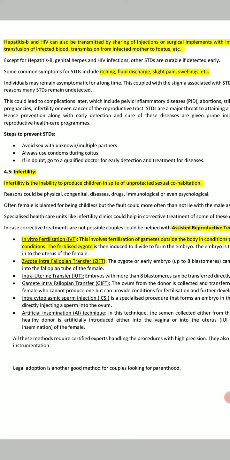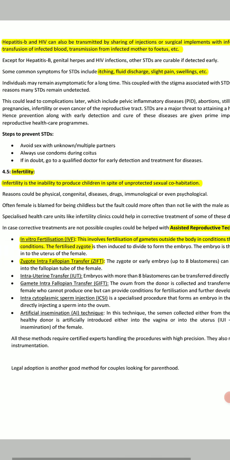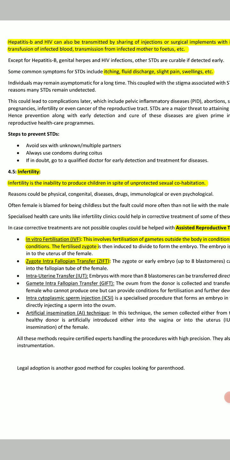A question may come: write down the full form, write down the meaning of ZIFT. So you have to elaborate this term: the zygote intrafallopian transfer. The zygote or early embryo can be transferred into the fallopian tube of the female.